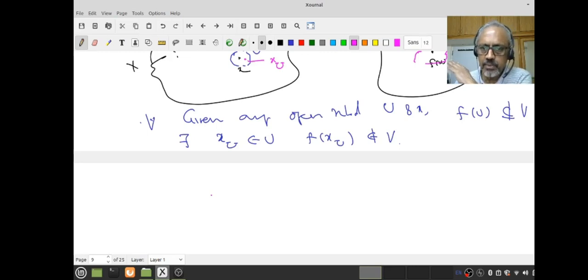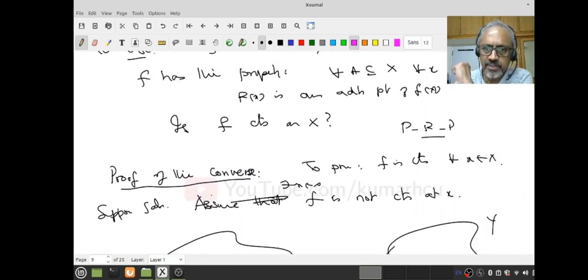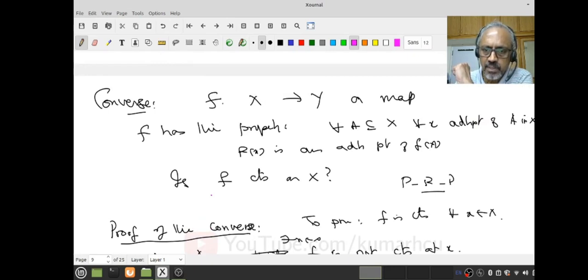So what have we shown? For every open neighborhood U of x, I have found a point x_U so that its image f(x_U) is not in V. Now what do you think I have to make use of? The hypothesis. What is the hypothesis? For every subset A of X and for every adherent point x of A, f(x) is an adherent point of f(A).